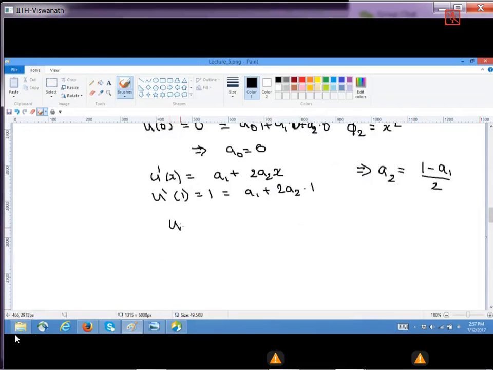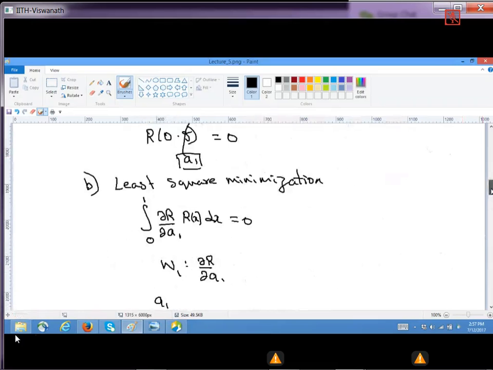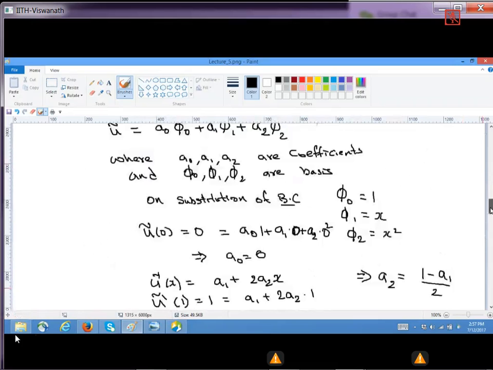However, you see that u tilde of x will now become a1 x minus x square by 2 plus x square by 2. It is the same as what we have done previously, so I'm just copying it for the lack of time.